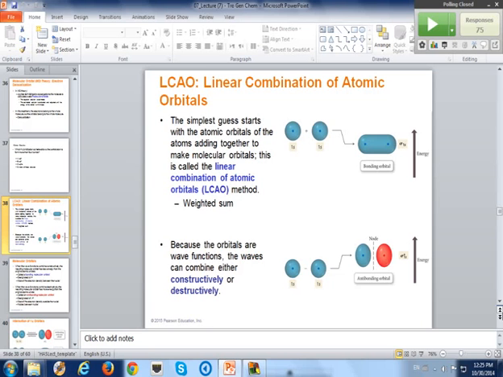And so for this hydrogen molecule, we obtain Schrodinger's equation for the whole molecule. And we're not going to write that out, of course.